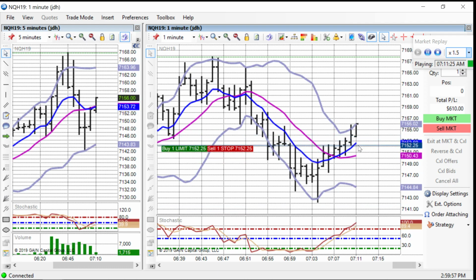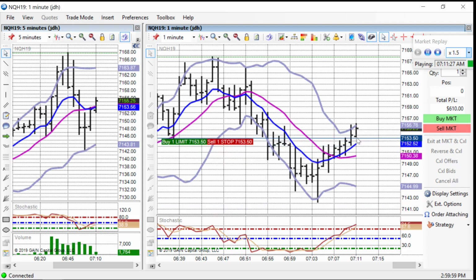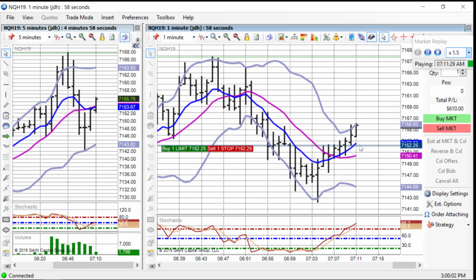Did I miss a trade here? I'm still looking for that number 3 point, the P3 point.